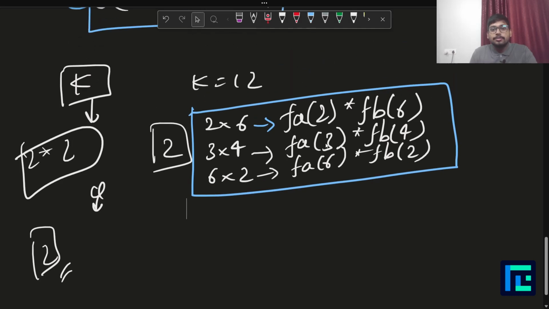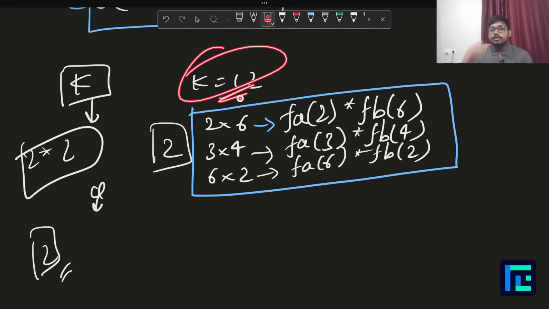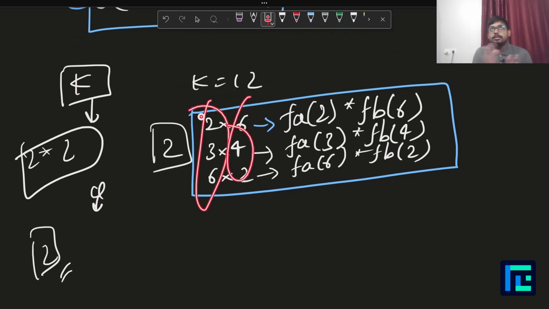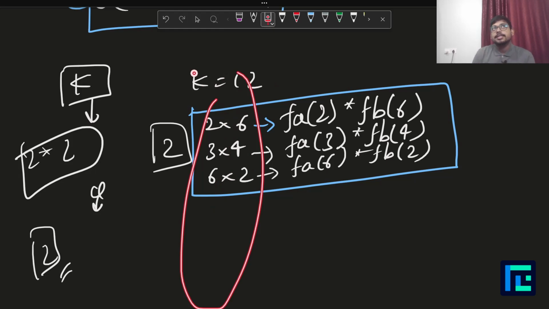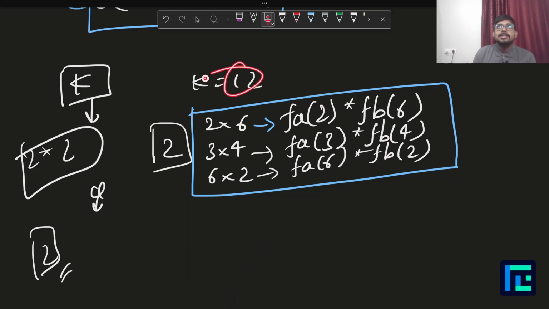Okay, so for any number k, first of all, find all the dimensions through which we can form this k. So how many such different dimensions would exist? If you try to think, it would be the number of factors that k has.